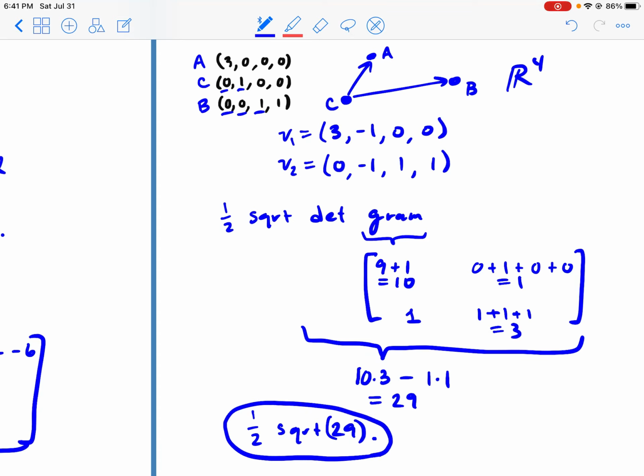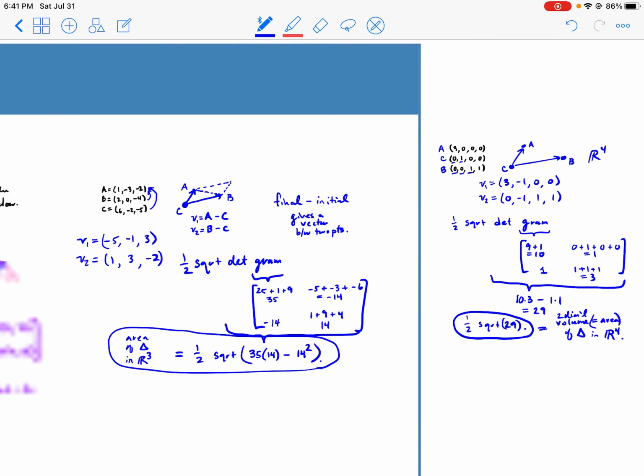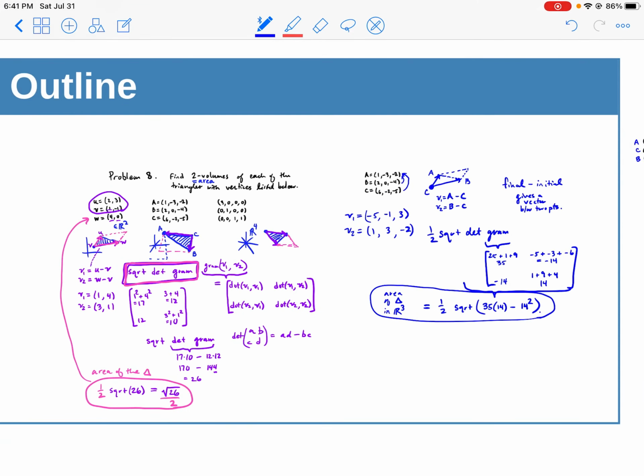And that's the answer. And what is this number? It's the 2-dimensional volume, which equals the area of the triangle in 4-dimensional space. Okay, so that's good.